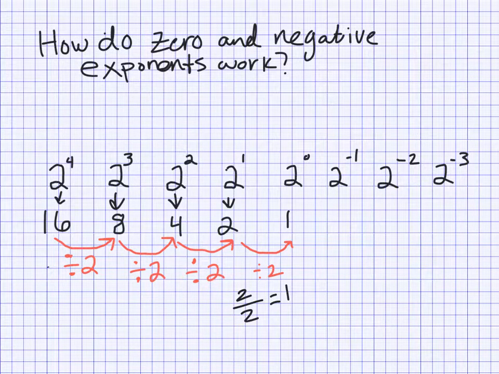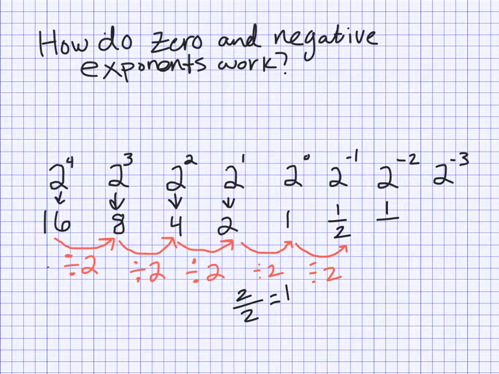Well, let's continue one more step. And if we continue doing this, if we continue dividing by 2, well, 1 divided by 2, that would give us 0.5. Or I'm going to say it as 1/2. We divide by 2 again.